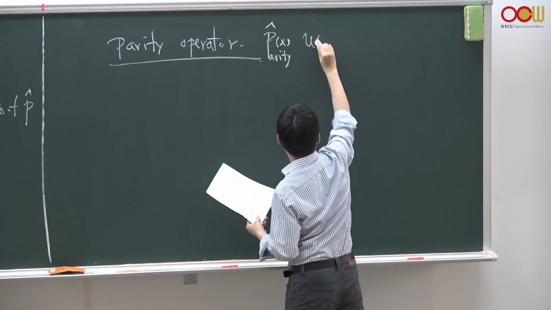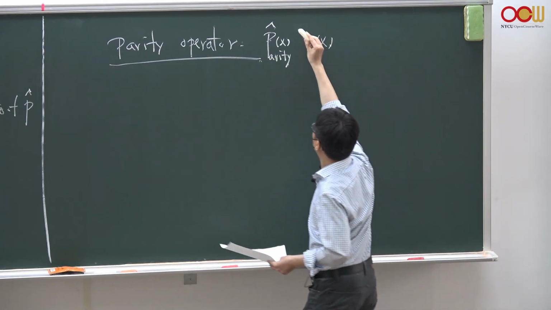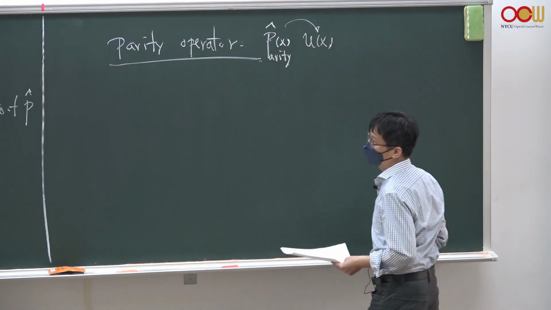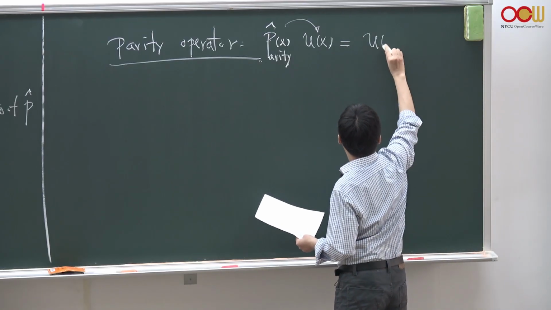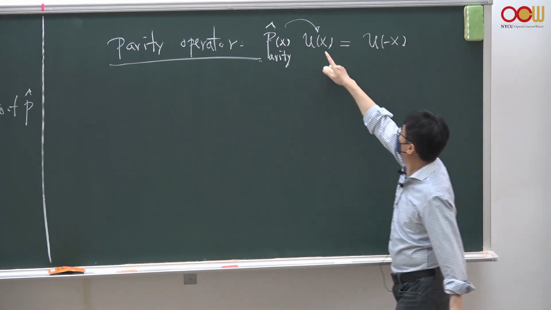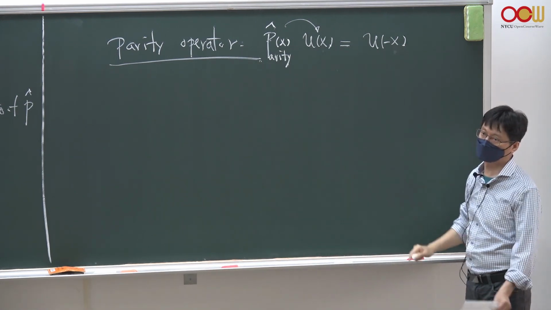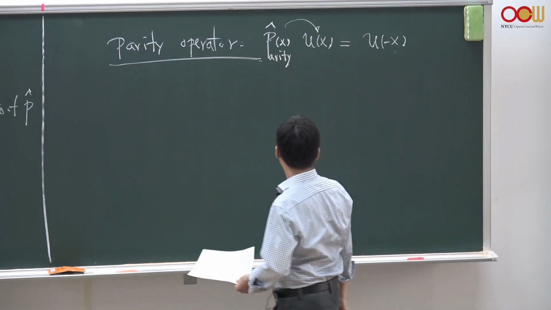Suppose I apply this parity operator onto any eigenfunction u of x. What I get is that you simply take a mirror symmetry by taking x to minus x. This is a mirror reflection operation.